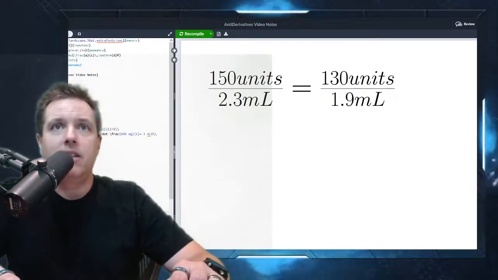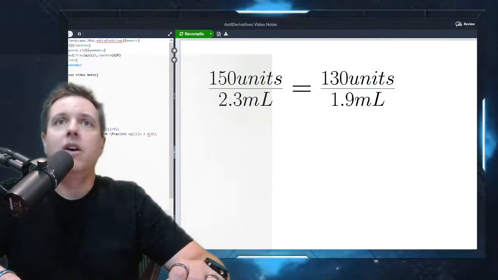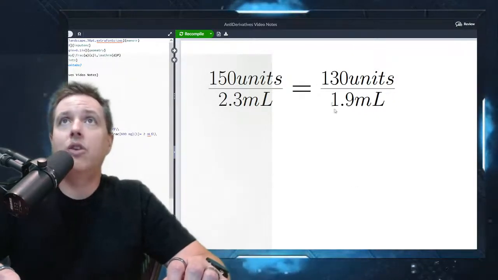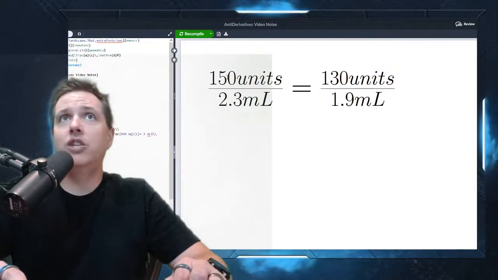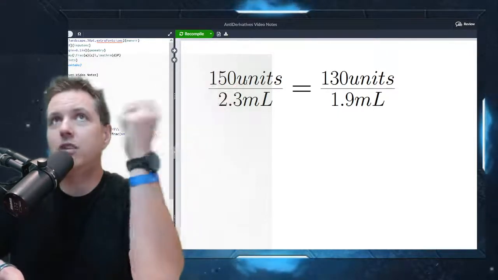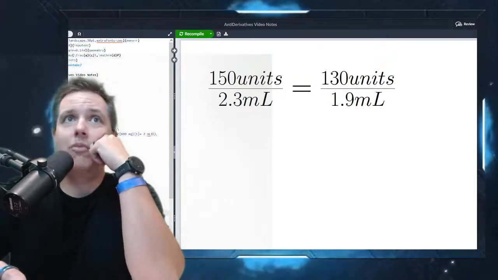Okay, so you can see it's the same as number 4 in the book. Now we're asked to figure out, is this proportion true? Is the ratio of these units to volume the same as this units to volume? Well, we're just going to use that cross multiplication. So start top left and multiply to bottom right.